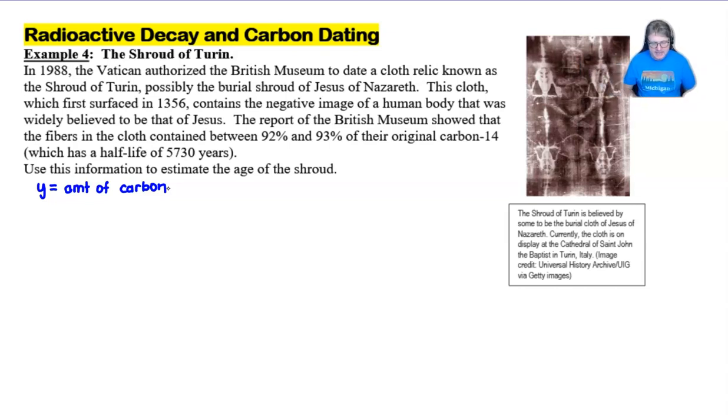And we have the information, using radioactive decay, that the rate of change of this carbon with respect to t is directly proportional to the amount of the carbon. So that's dy/dt, the derivative of y with respect to t, is k times y.